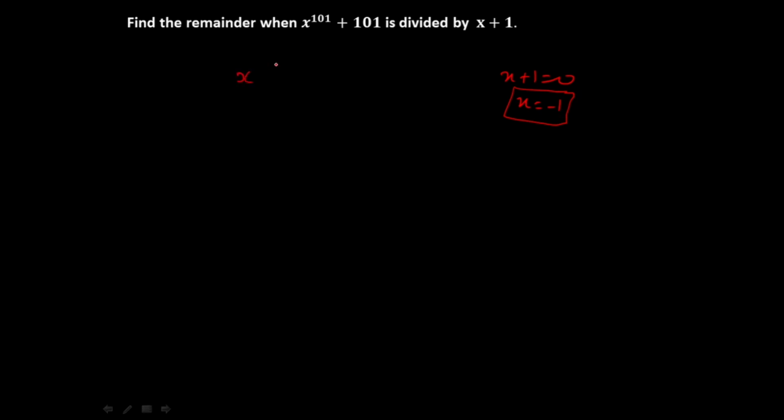Now replace x by minus 1. Minus 1 to the power 101 is odd, so this whole value will be negative 1. So the answer is 100.